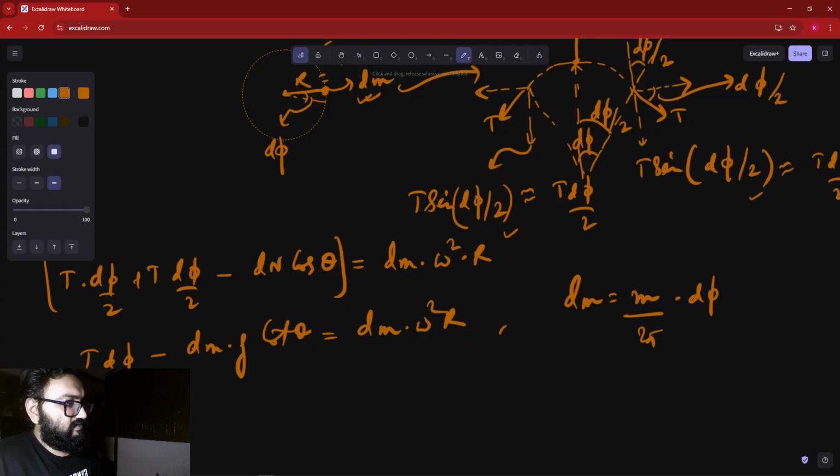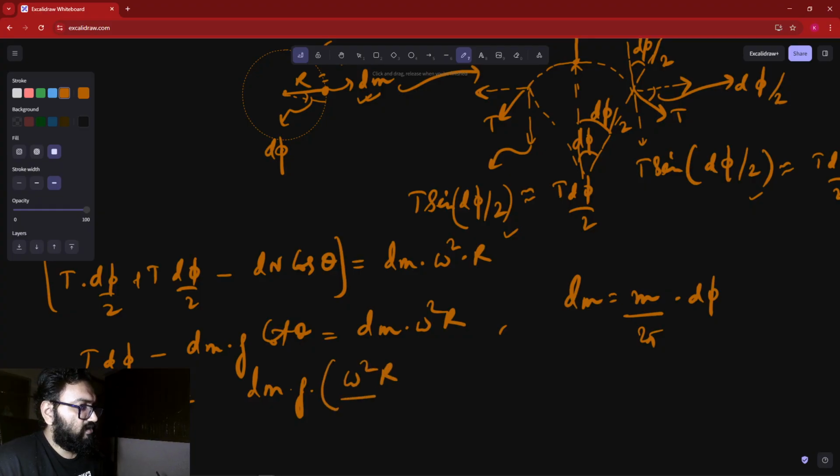So if I solve for t, I get t into d phi is equal to dm times g. If I take that out as common, I get omega square r divided by g plus cot of theta.